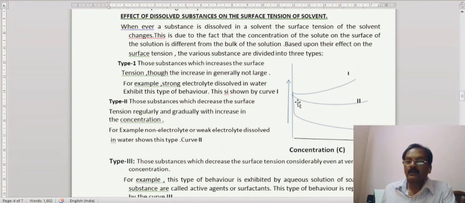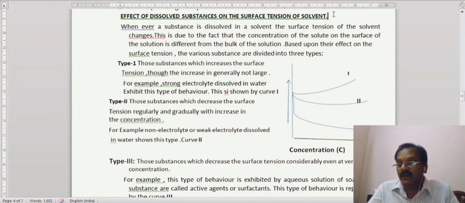Now let us go for one more discussion: the effect of dissolved substance on the surface tension of the solvent. When you prepare a solution, first you consider a solvent, and into the solvent you drop a certain amount of solute. Before dissolution, you measure the surface tension of the solvent taken for the preparation of the solution. After dissolving a known mass of solute in the solvent, the surface tension of the solution is found to change.